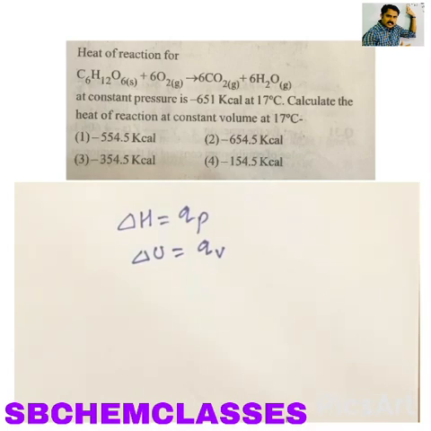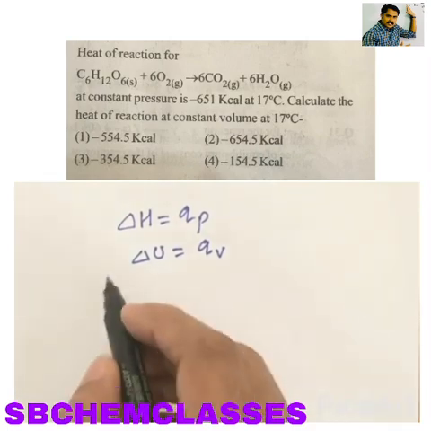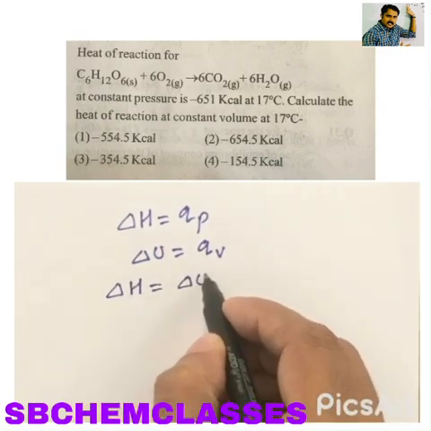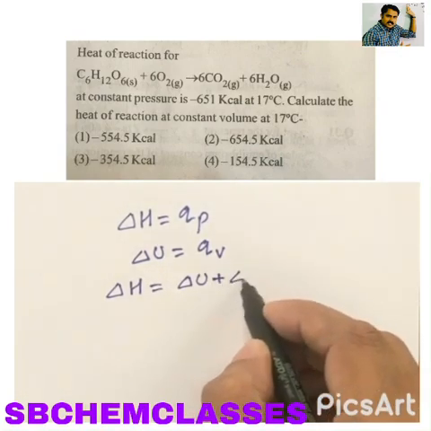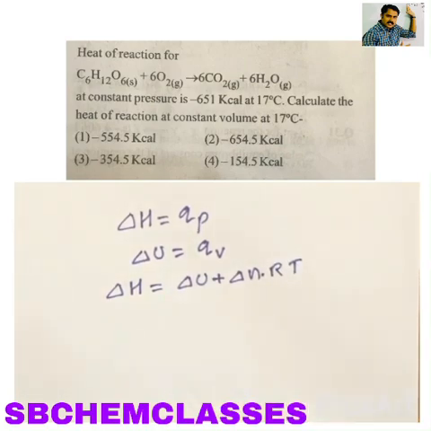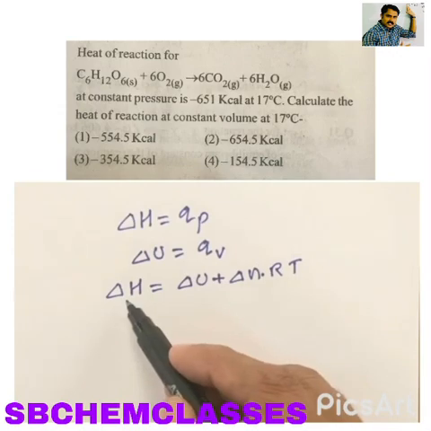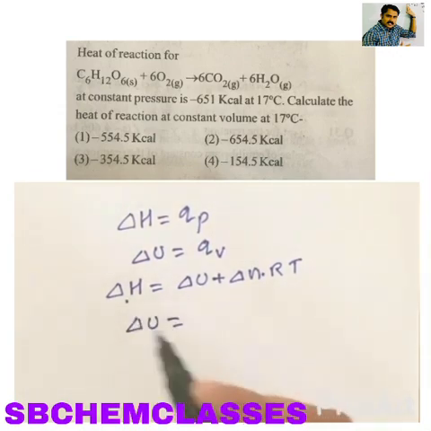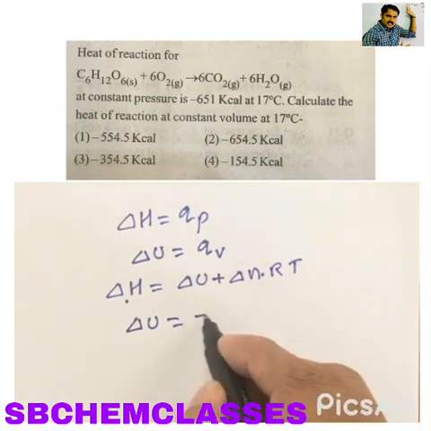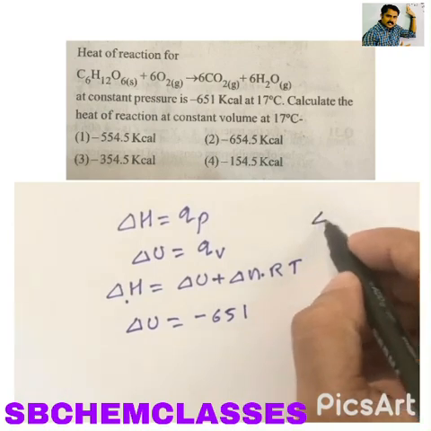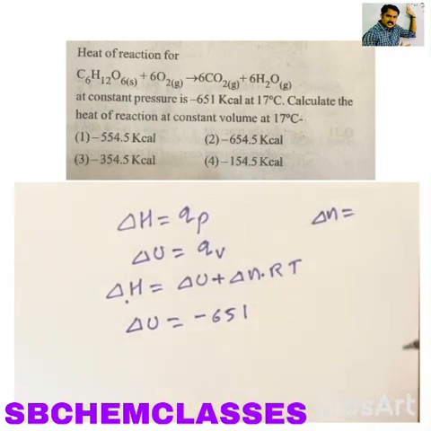For a reaction, we can relate enthalpy and internal energy as delta H equals delta U plus delta nRT. Here, delta H is given. We have to calculate delta U. Delta H is minus 651. Then delta n of the reaction. Delta n means change in number of moles.